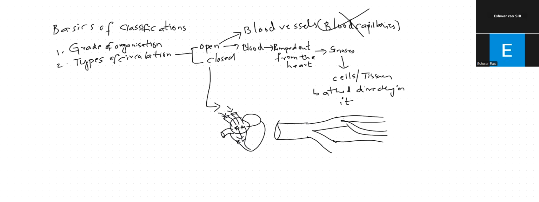Yes, the diameter is changing, right? Then here, very minute blood vessels are present, which are called blood capillaries.